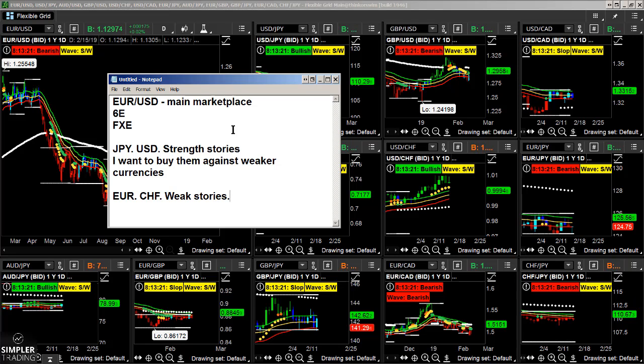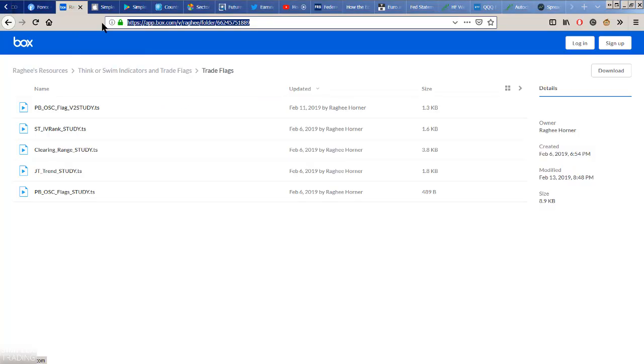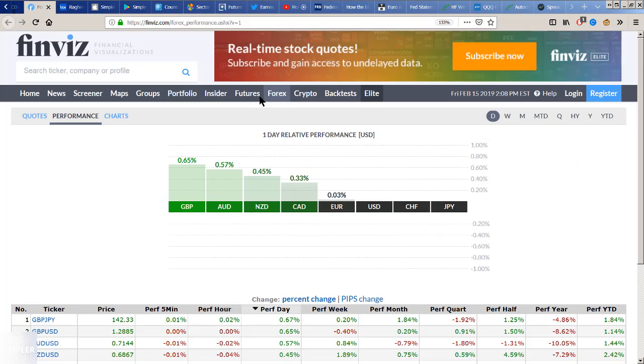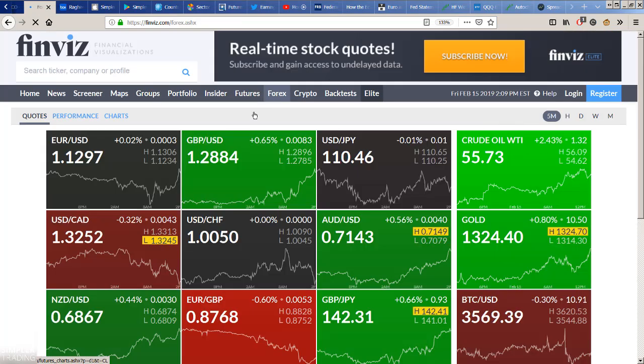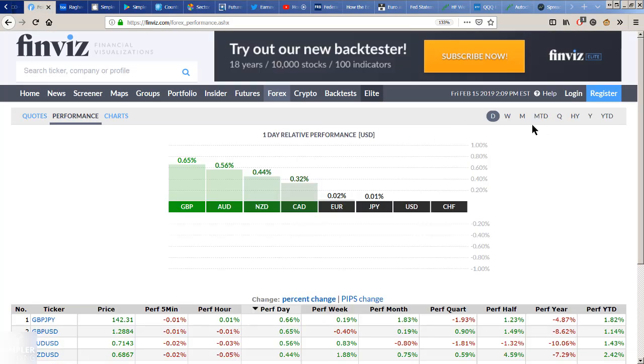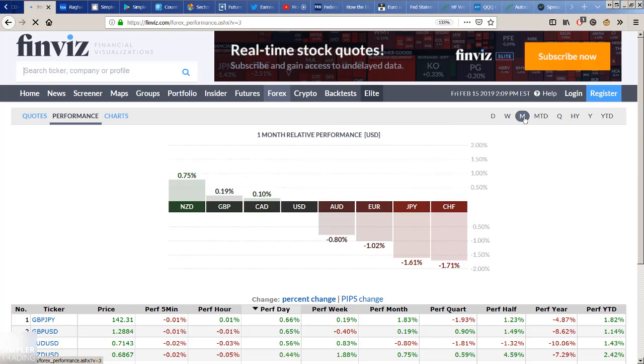And when you set up your watch list for currencies like this, trend and pair selection is almost automated. Now, there are a couple sites that help out with this. One would be the FinViz site. So you can look at the 1 day performance of the Forex, 1 week, 1 month. I mean, that's going to vary on the time frame that you would like to use.